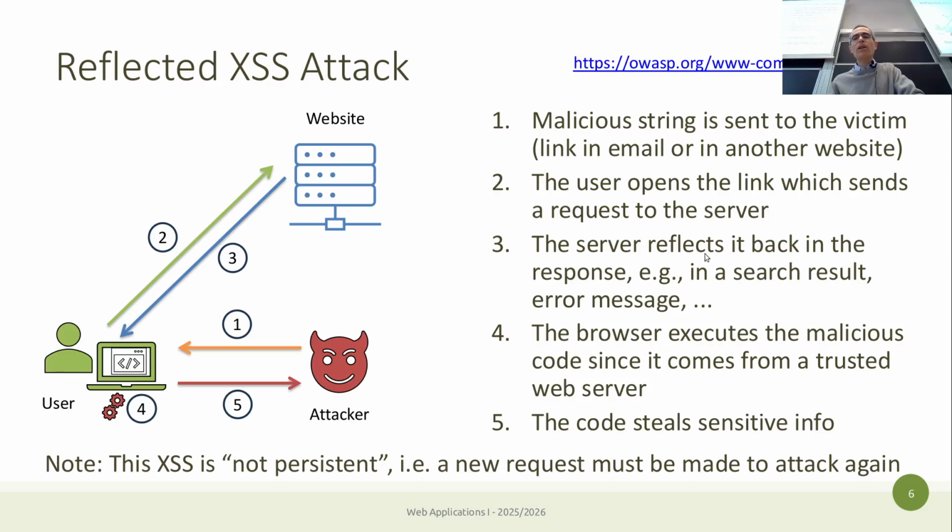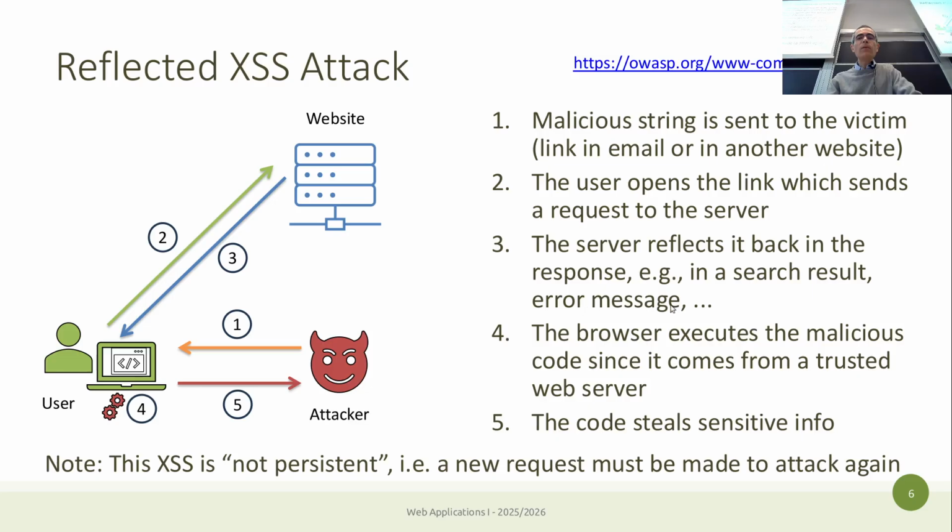The server reflects this content back in the response because the programmers, the developers of the web application, didn't think about this specific case, okay? So they took what they received and they reflected it back to the user, okay? For instance, in a page like search result, error message, and so on, page not found, the page named, the name that you requested, cannot be found, okay?